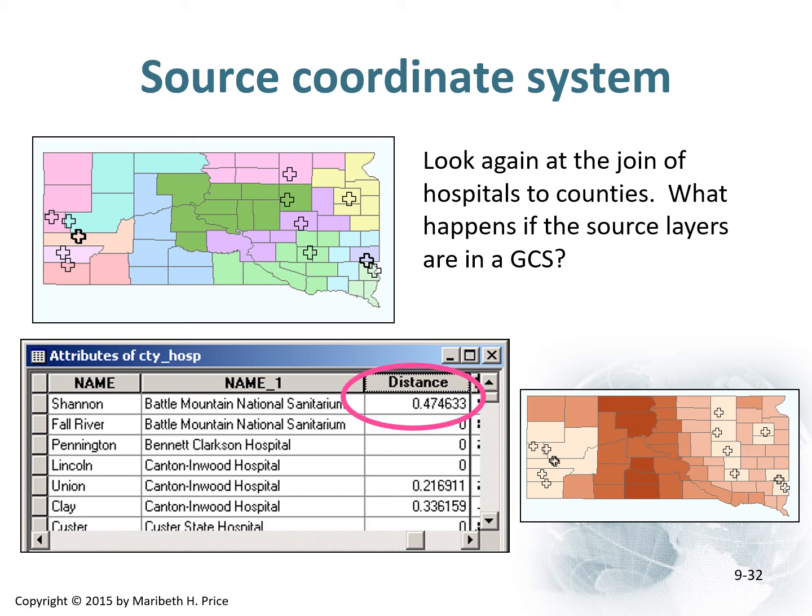Answer, absolutely nothing. That's why we don't do any analysis on a GCS. You should project that data into a projected coordinate system, and then the distance functions that you need to do some of these spatial joins would have meaning, because it would be in feet or meters or aardvarks or something, but not in angular degrees.